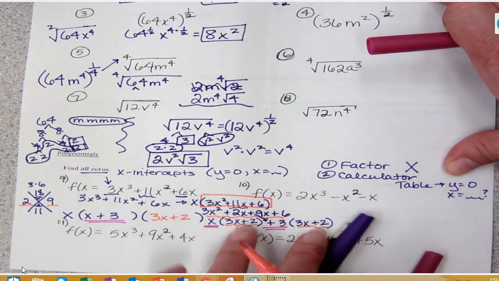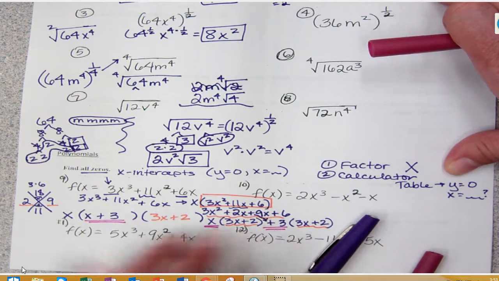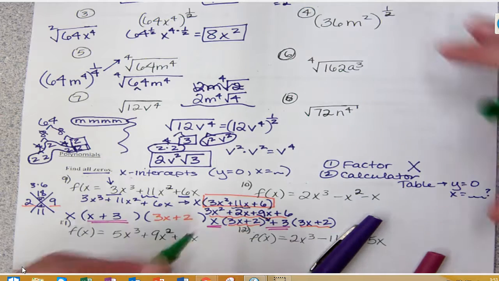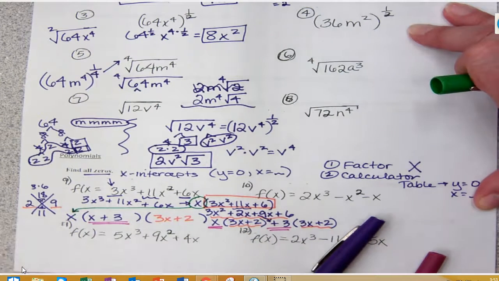I'm factoring out basically this 3x plus 2, putting it there, and combining those two and putting it there. Then this is the x. Let me show you that. This x right here, outside here, was my greatest common factor. That's there. Hopefully that makes sense.